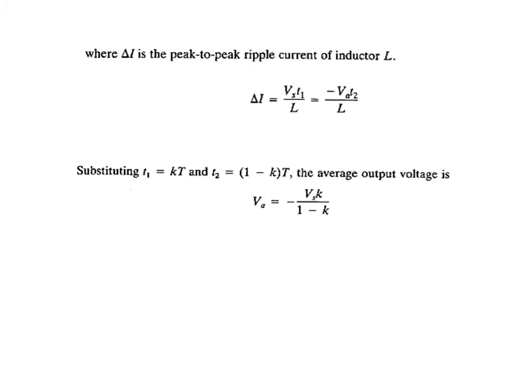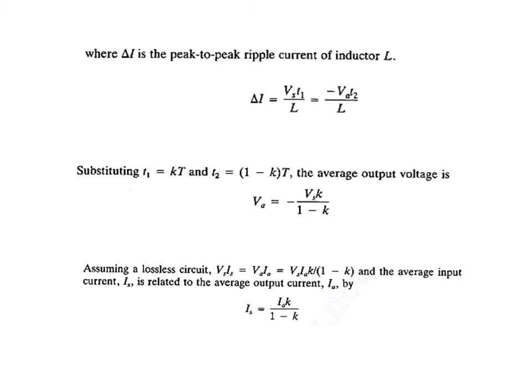The transistor which is used in the buck-boost converter is assumed to be lossless. At that time, the input voltage times input current is equal to output voltage times output current, which is equal to input voltage multiplied by output current multiplied by k/(1 - k).